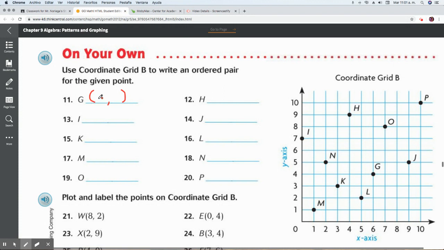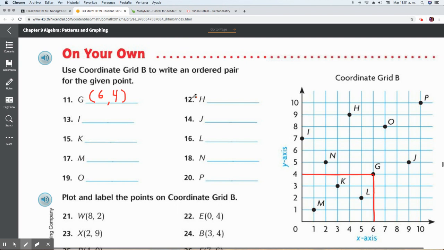To find our first number, we can always draw a line segment that touches the x-axis, and that will tell you that this first number is a 6. And then from that same point, we draw another line segment that touches the y-axis, which is this vertical line right here, to find that the second number is 4.